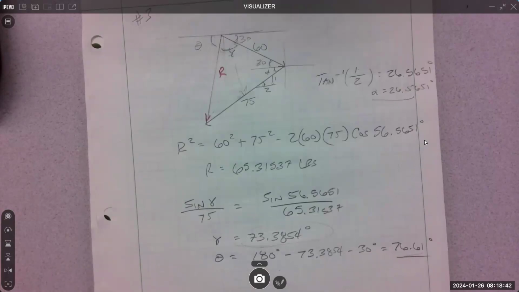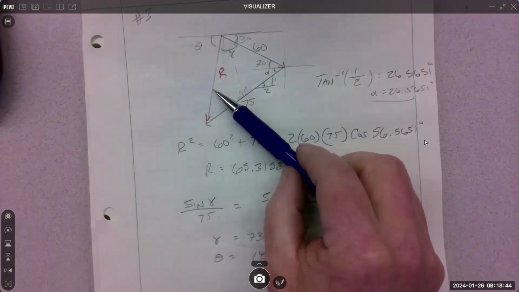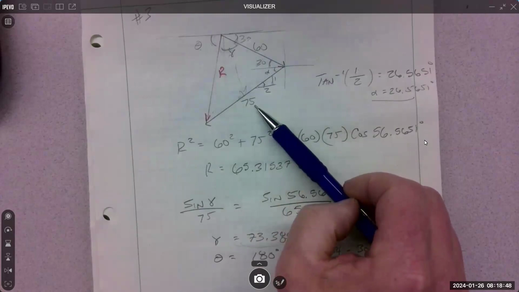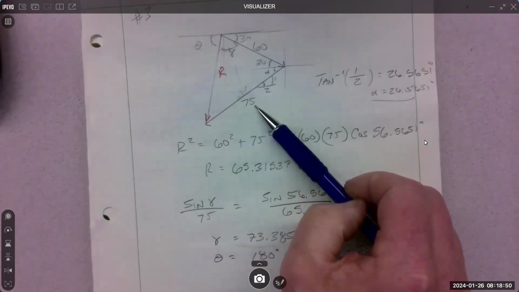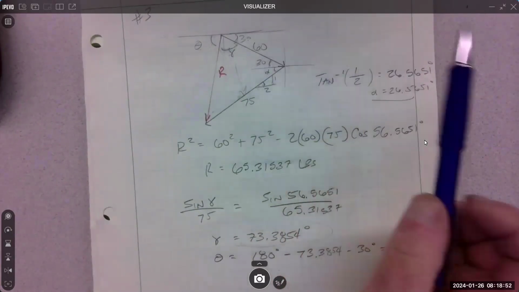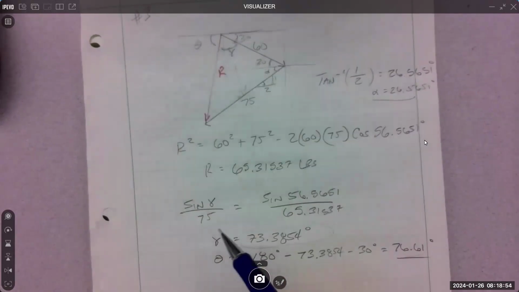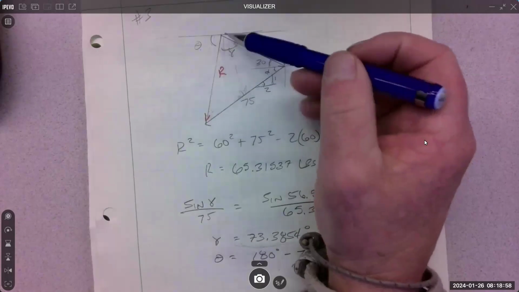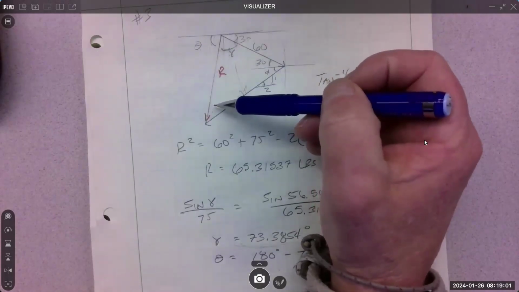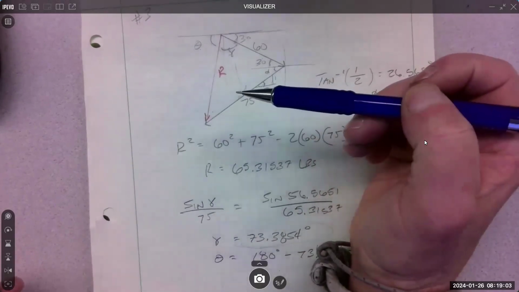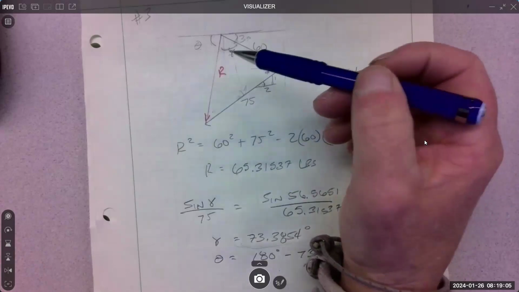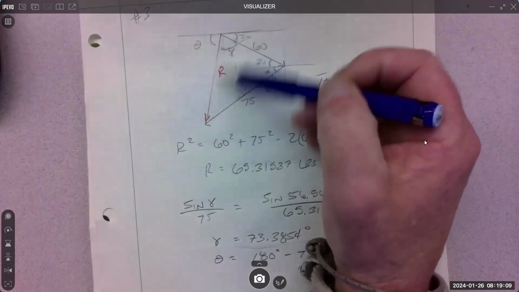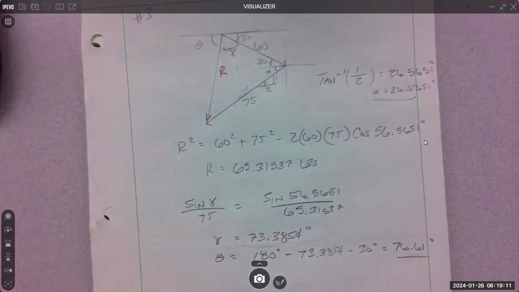Just to re-emphasize, R is the exact same effect as the 60 and the 75. That's why we do it. So after doing all this, the problem no longer would be 60 and 75. It would just have one force, R, and the effect is not changed. It's the exact same effect. So whether we use the 60 and the 75 or whether we use R, same effect.